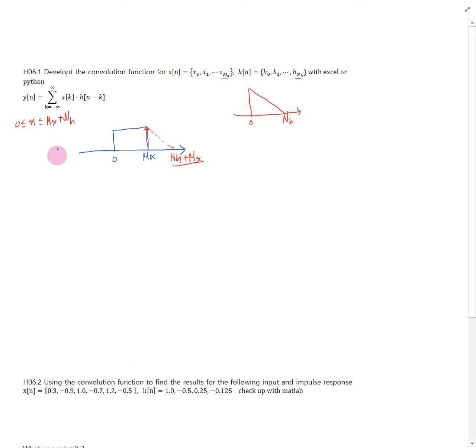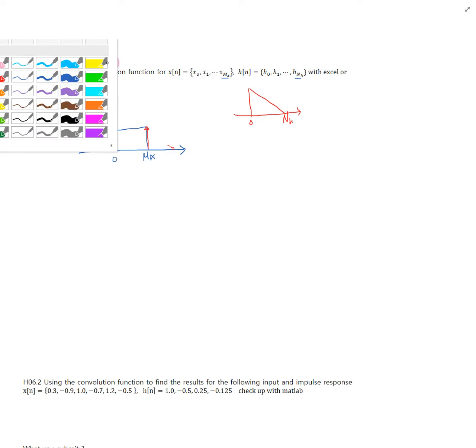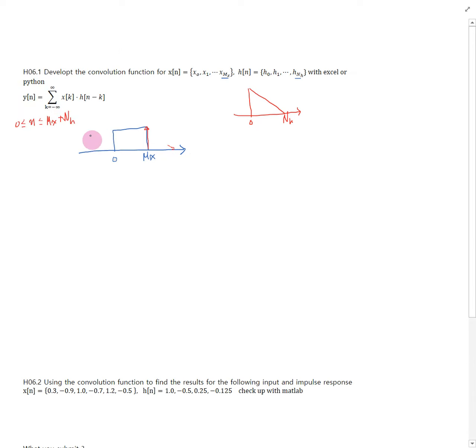Okay, then how are we going to calculate this convolution operation? Firstly, we need to draw the convolution operation. If n is less than 0, out of this bound, the convolution will occur like this.